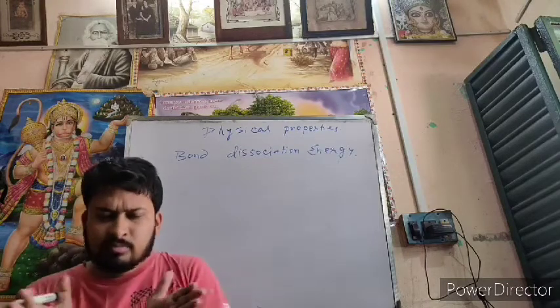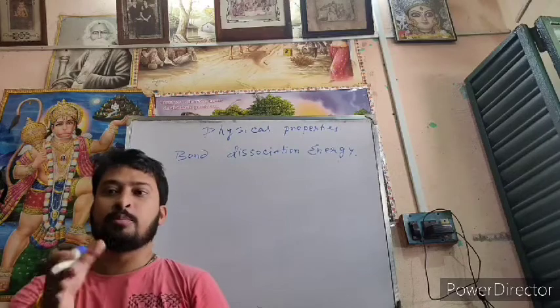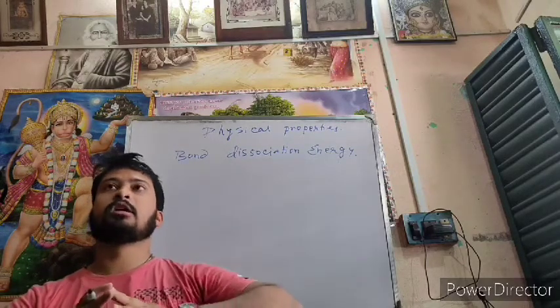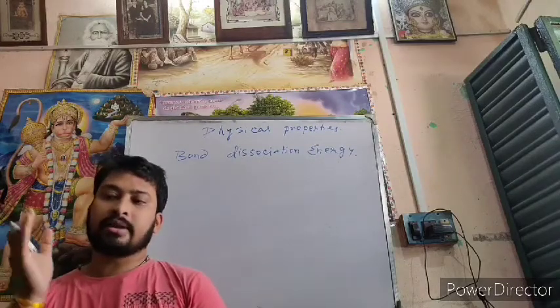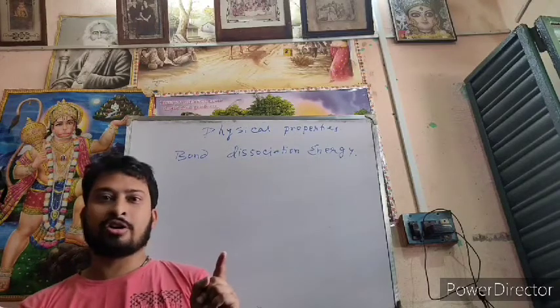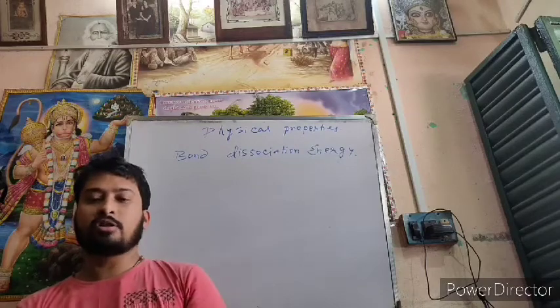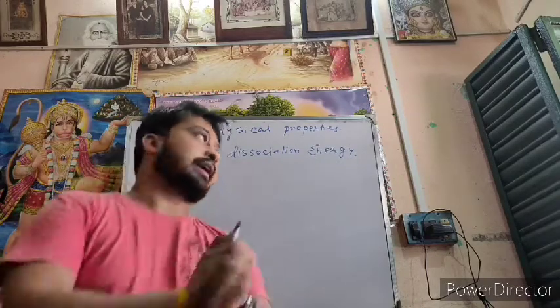So if the bond length is small, okay, we need more energy to break it. If the bond length of the compound C-X is more, we can break it easily. Just think about it: if you have a long chalk and you want to break it, you break it easily. But if you have a small chalk and you want to break it, you require more energy, or you cannot.